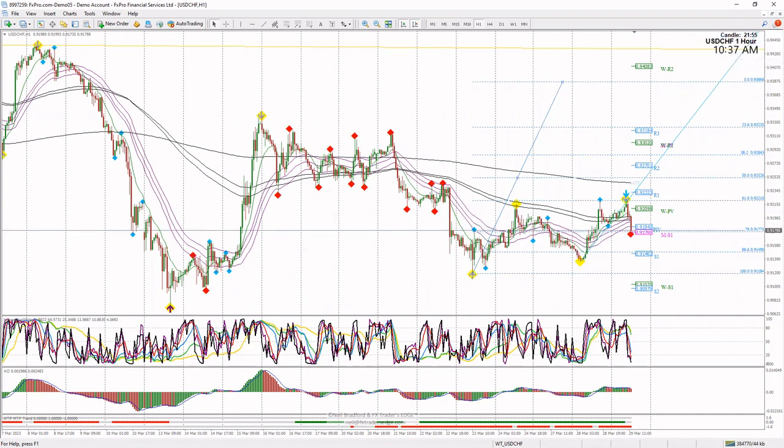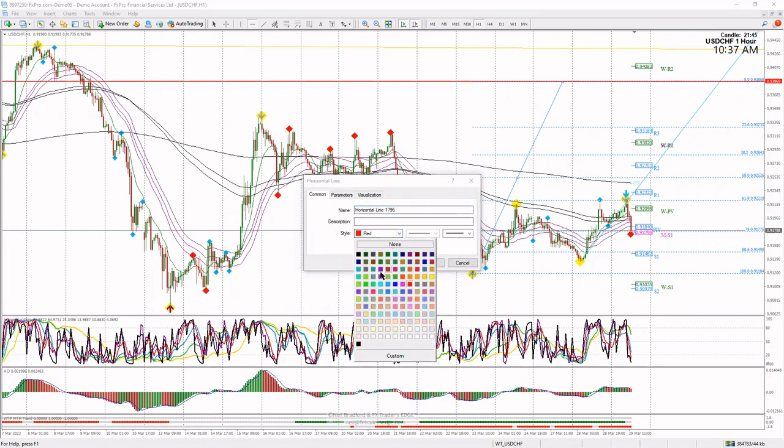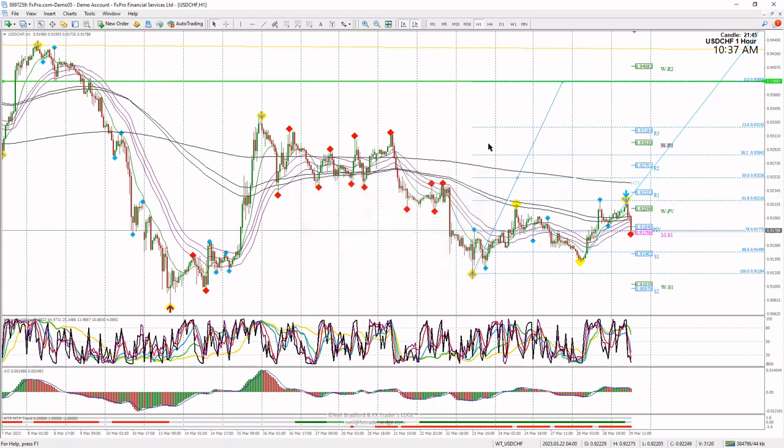And that gives us a target area of 100% at that level. Okay, so that's our target. Delete that Fibo, it's done its job.